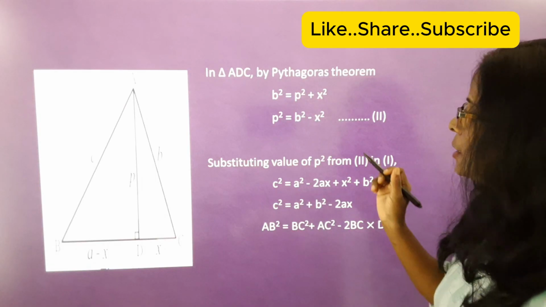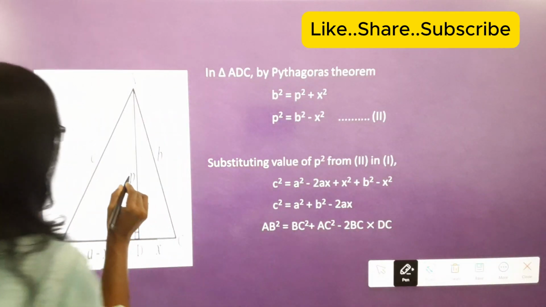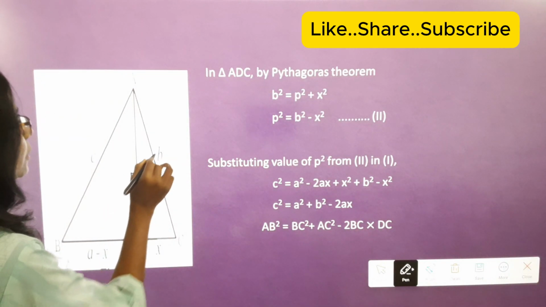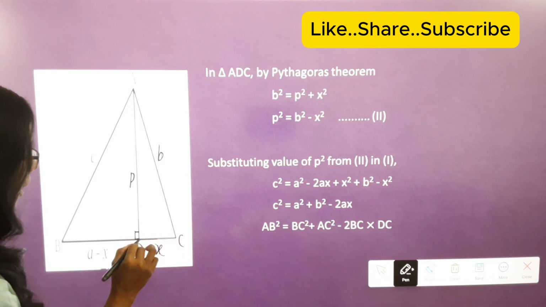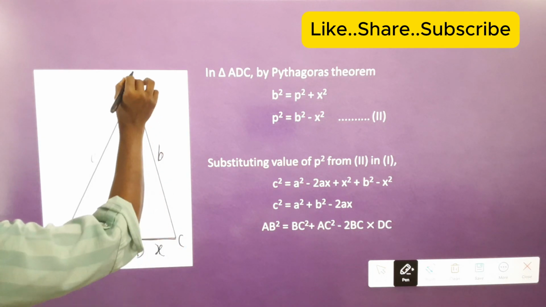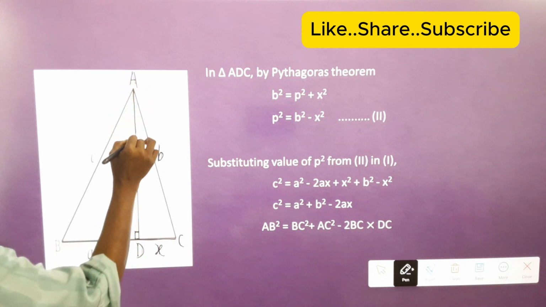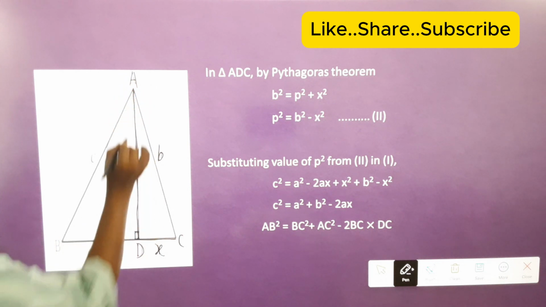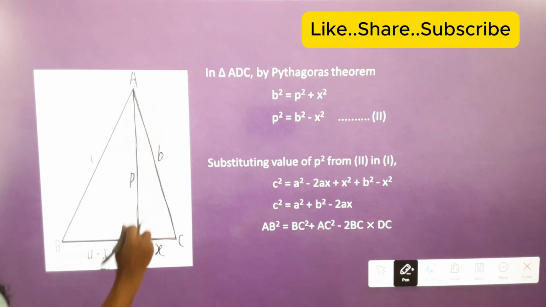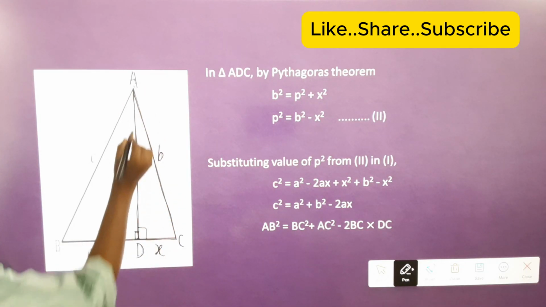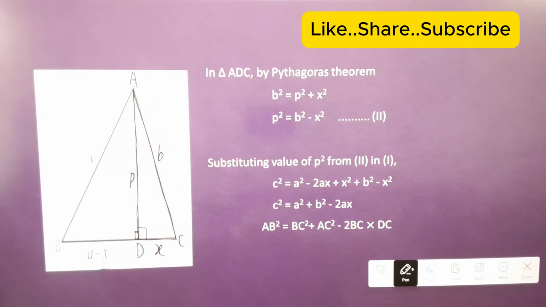See here, this side is p and this side is x. We can apply the Pythagoras theorem in the right angle triangle ADC.